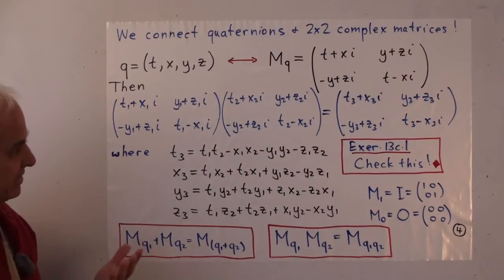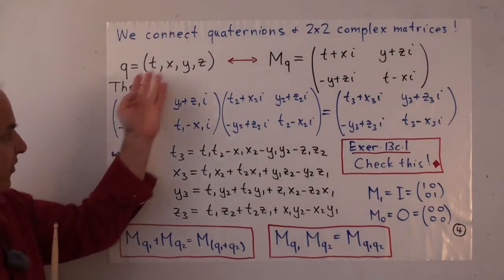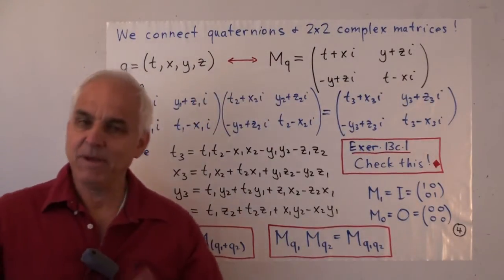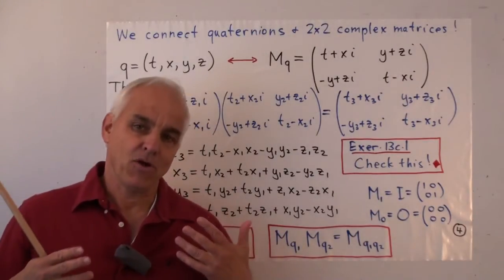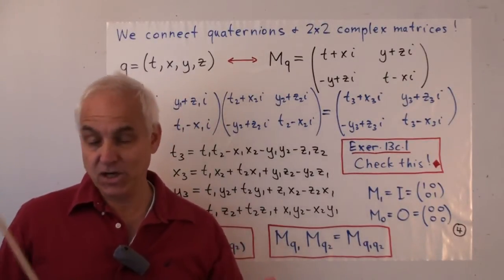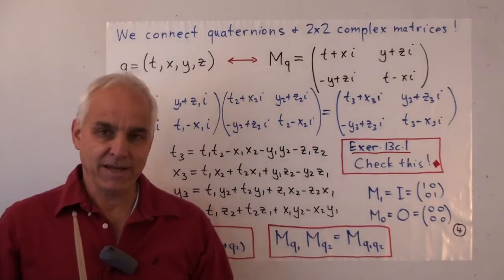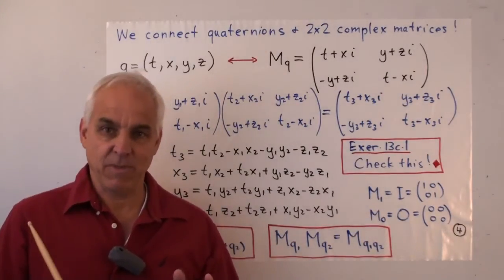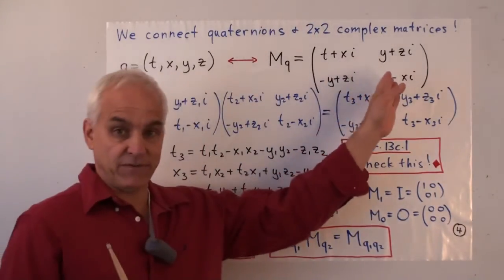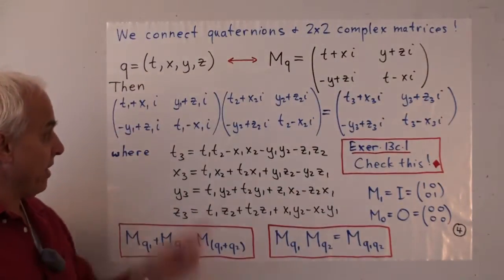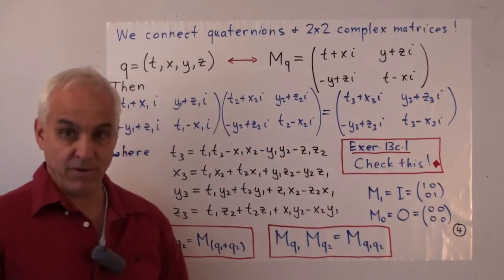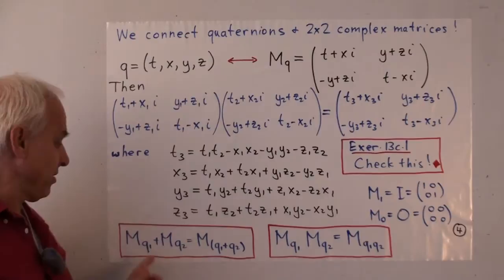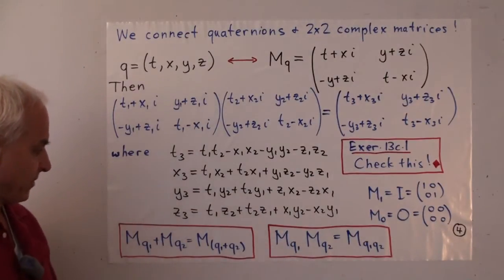So this is a very nice association between quaternions and matrices. It means that when we are doing quaternionic multiplication and addition, we can simplify things by converting them to matrices first and then doing matrix arithmetic, either matrix addition or matrix multiplication.